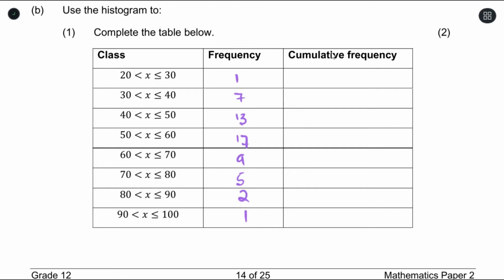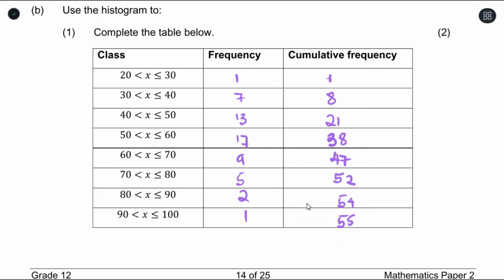Next we need to calculate our cumulative frequency. To do that, we're just going to be adding the total with the next class. So it's 1, add it to this, which is 8, add it to this, which is 21, 38, 47, 52, 54, and 55.